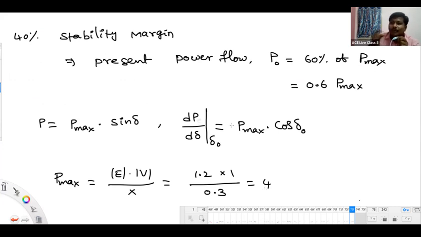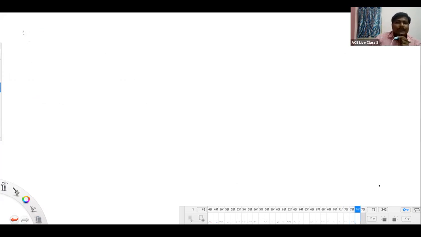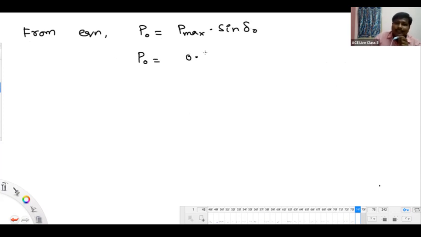What is delta naught now? To get delta naught, they gave the value of P naught as 0.6 times P max. From the equation, initial power flow P naught is P maximum sine delta naught. And already I know P naught equals 0.6 times P maximum from the data.